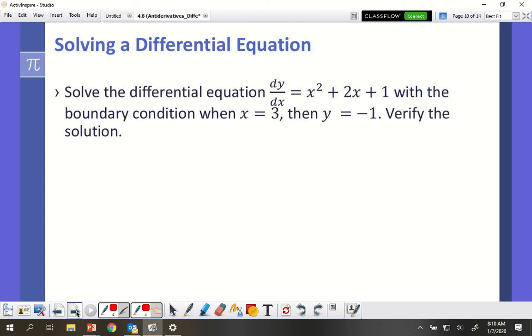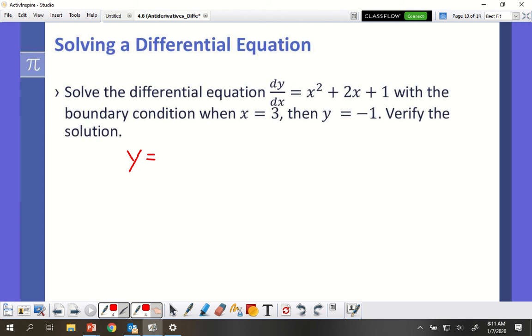Are we starting with function notation? I'm not going to write a capital F. What would I write? Just y. If the derivative is dy/dx, and my original function was y, it should be y.